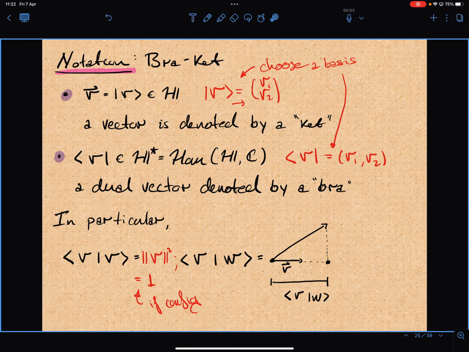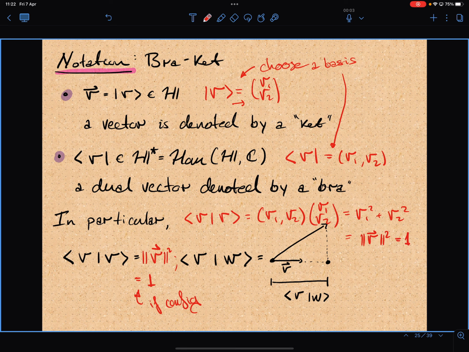If you apply the bra to the ket, then using the row and column notation, it's just going to be v1 v2 times v1 v2, and this is going to be v1 squared plus v2 squared, which is v squared. And if it's a configuration, it's 1.